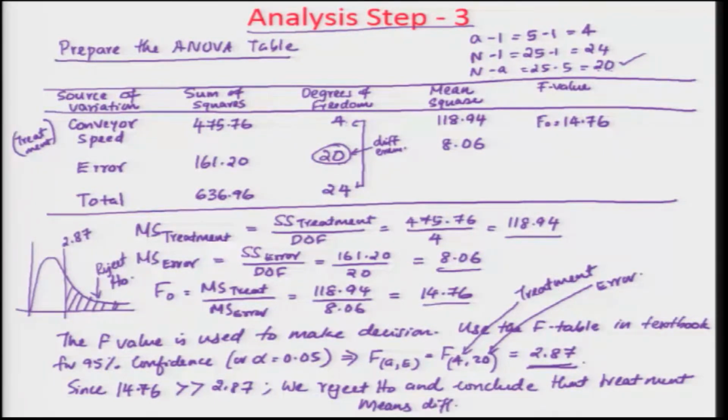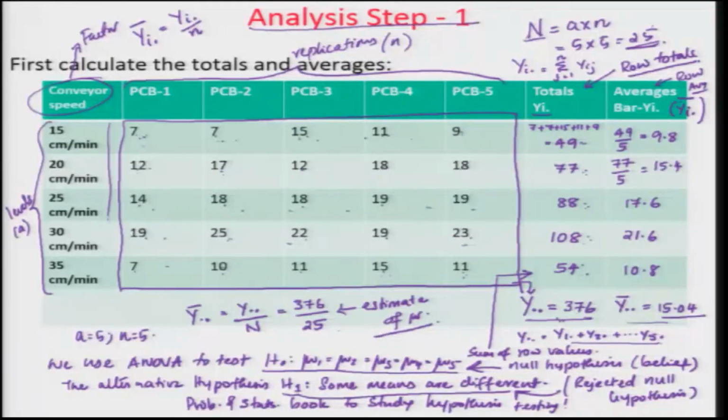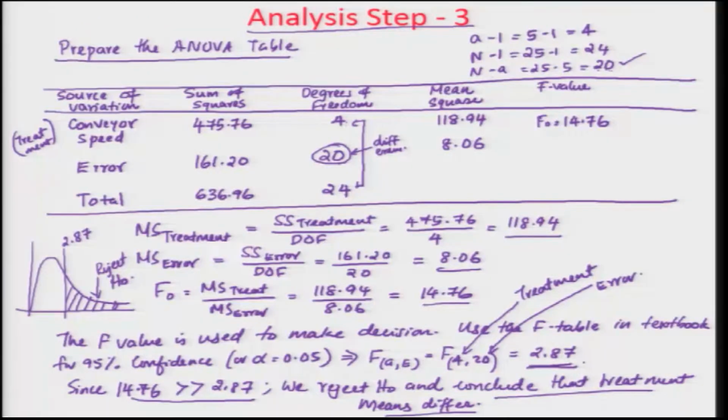Because this value is so large, the means are different, in the sense that the conveyor speed you select has an important significance. So, the conclusion is that the speed of the conveyor is important.